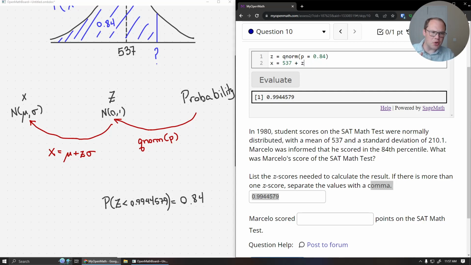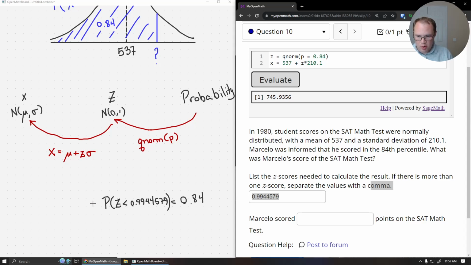It's a little simpler. So 537 plus my z-score times my standard deviation, which is 210.1. That's going to give me Marcelo's score. So his actual score was 745.9356.